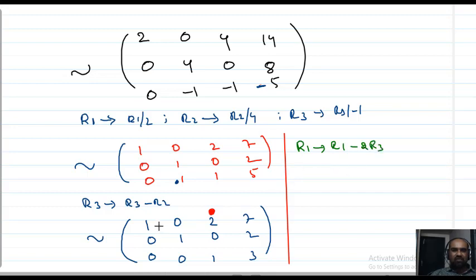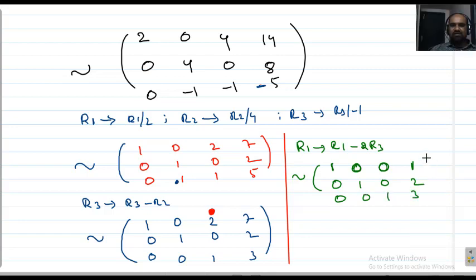Okay, R1: 1 minus 0, 1 only, 0 0 0 no problem, 2 minus 2, 0. Here 7 minus 6, 1. Remaining matrix you write as it is.